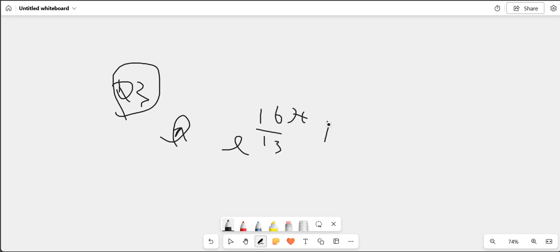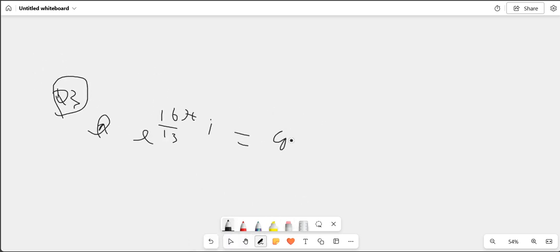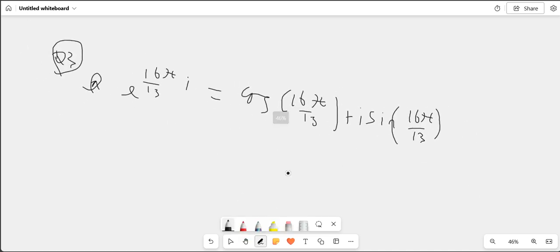So obviously you just write that as cos 16π/13 plus i sin 16π/13. But now, yeah, that's obviously bigger than π. So what you need to do is take away 2π from that.